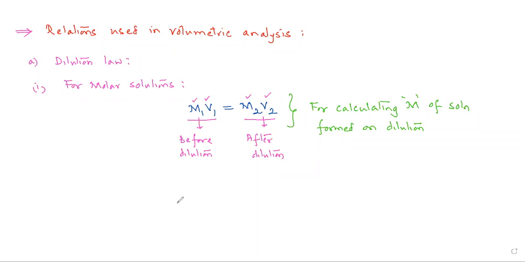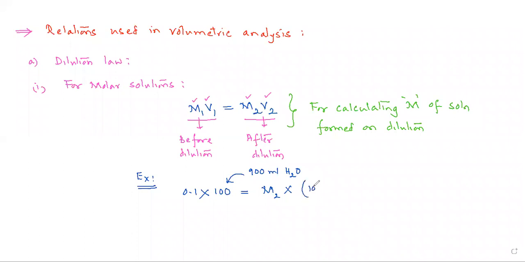Suppose we got a 0.1 M solution whose volume is 100 ml. Just an example. We got 100 ml of 0.1 M solution to which 900 ml of water is added. We have just diluted it. What is the molarity of the resulting solution? M2 is what we have to find.